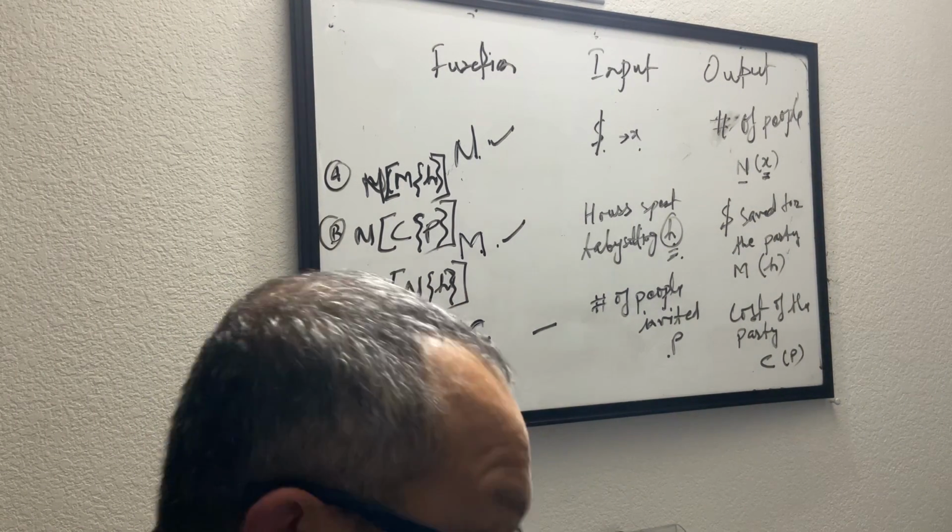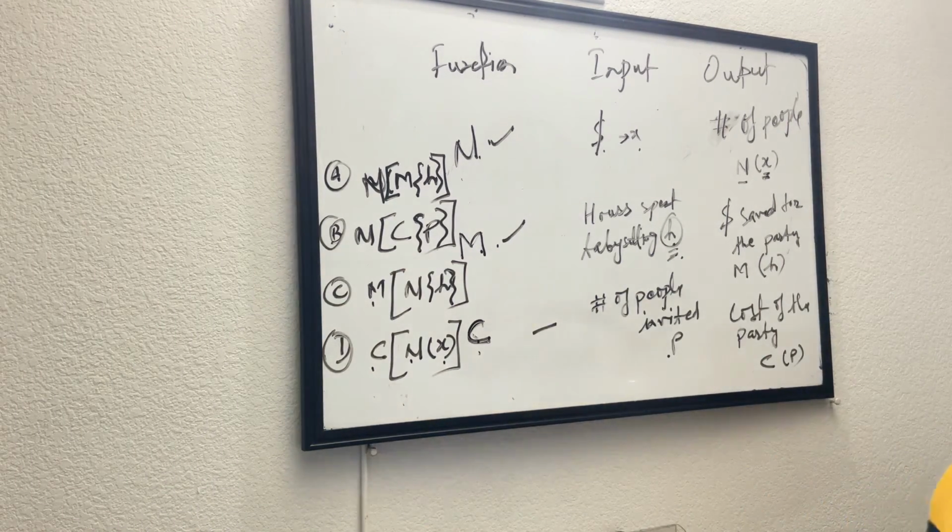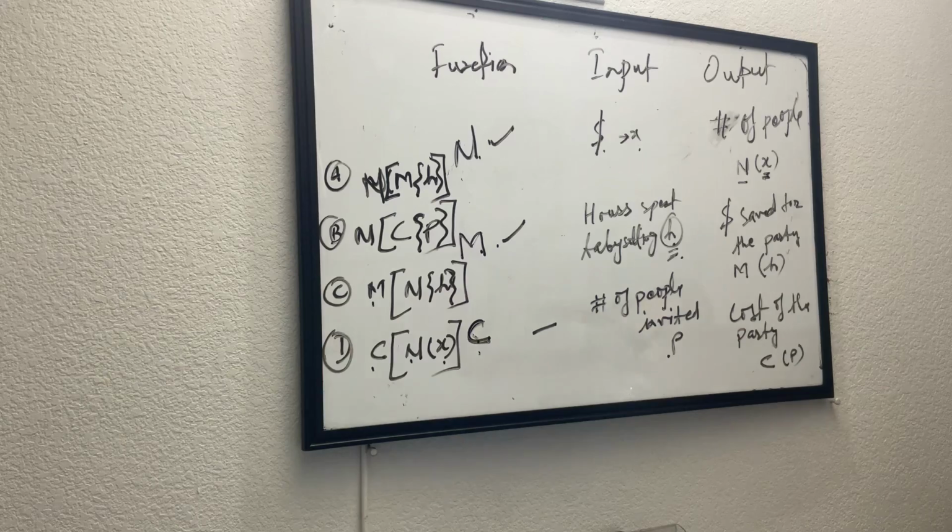I think it's A. One of them is A, because it's n of m of h. So that means the output, the number of people that turn up, is dependent on the money saved for the party.